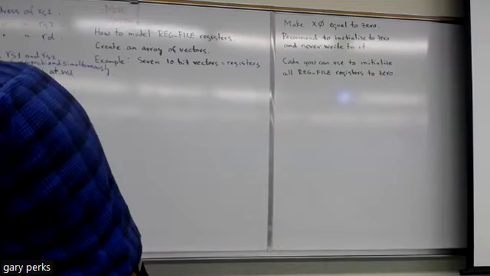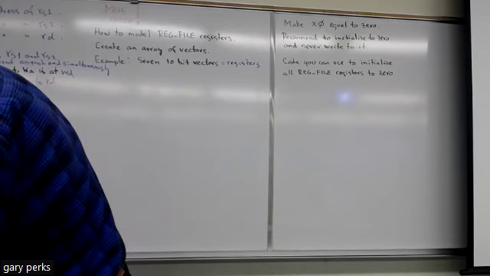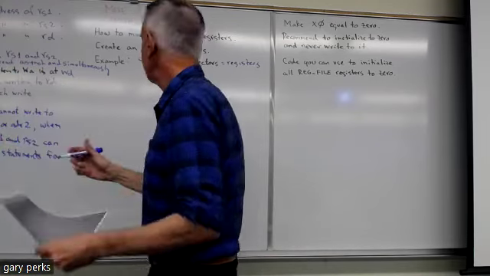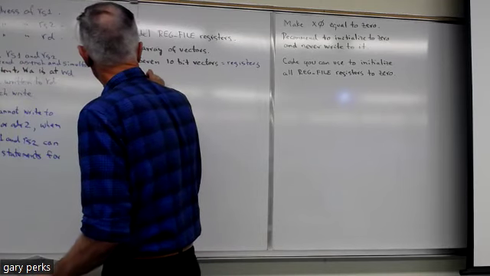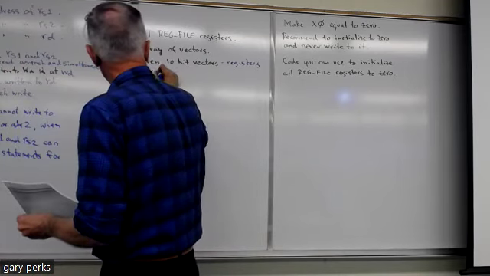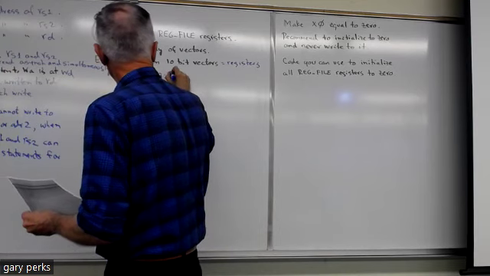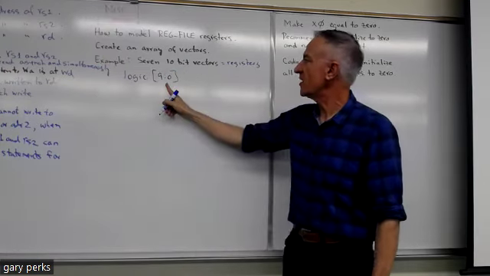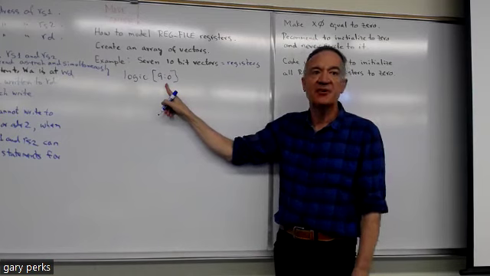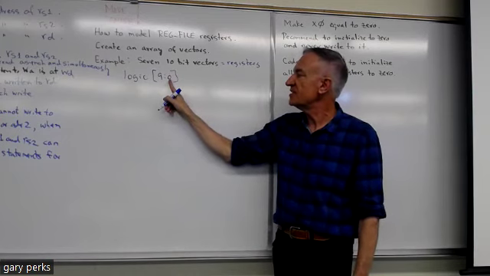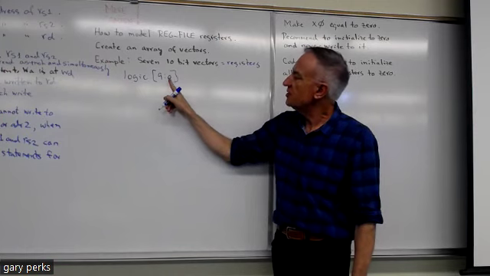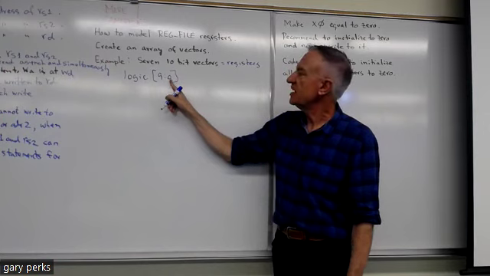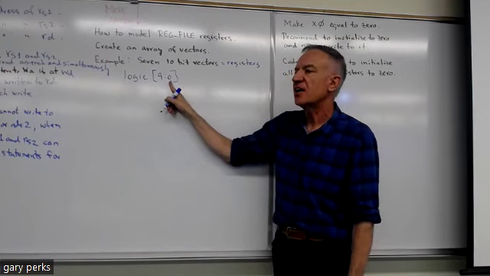So all you have to do to create an array like this is put logic and then [9:0]. This is going to specify 10 bits, which is the number of bits that each vector or each register has.